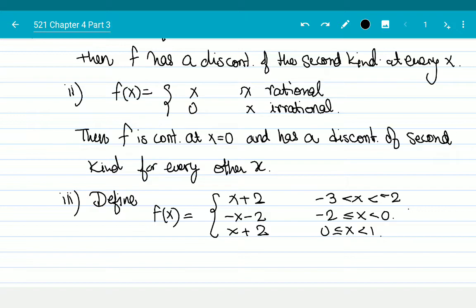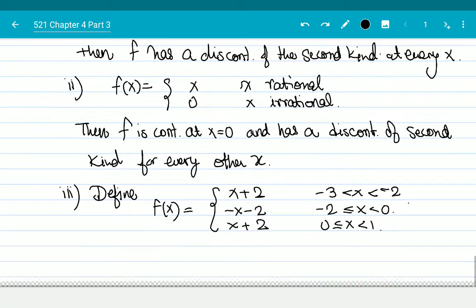At 0, minus x minus 2 is -2, while x plus 2 is 0. So values do not match up, right? The left limit is -2, the right limit is +2.